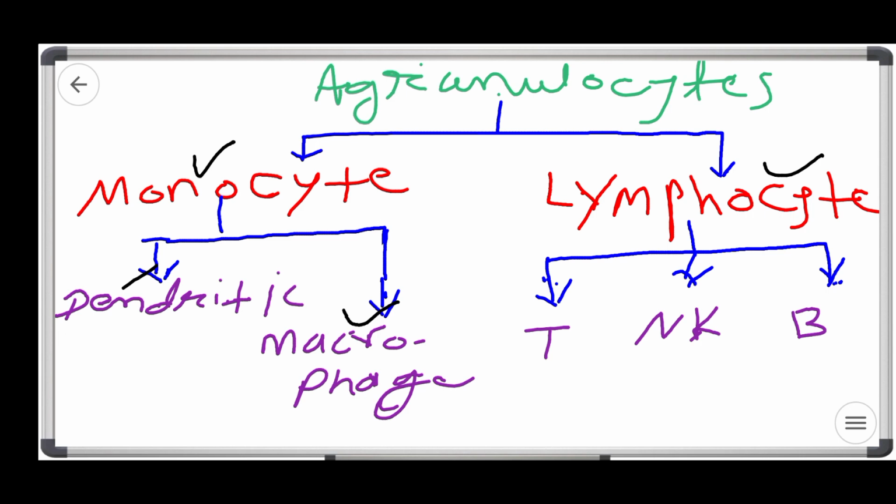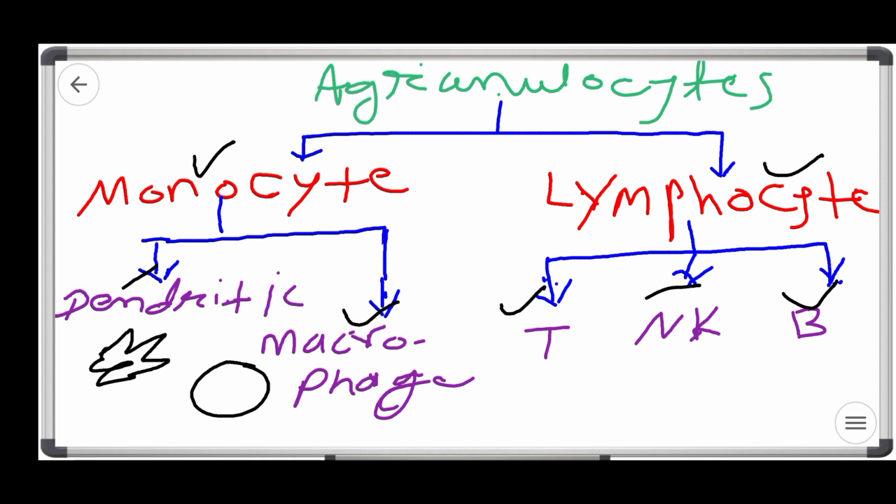Dendritic means having dendrites. Macrophages are mostly involved in phagocytosis. Lymphocytes are again differentiated into three categories: T lymphocytes, natural killer cells, and B lymphocytes.